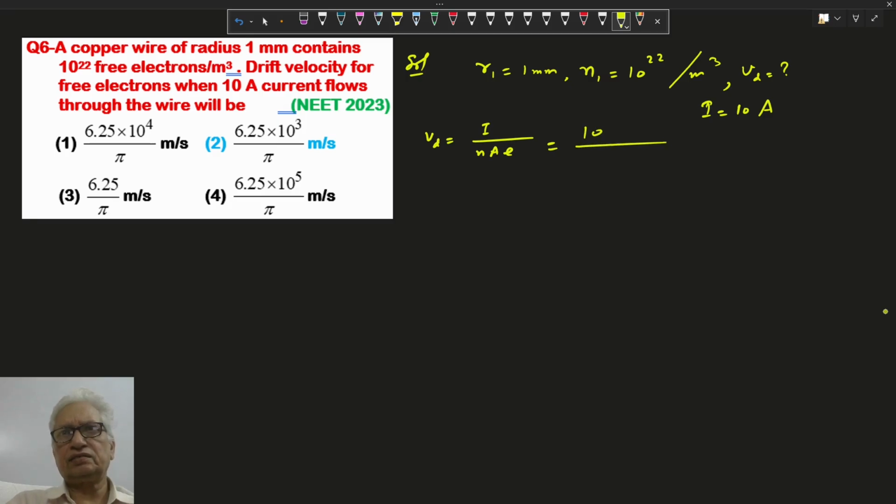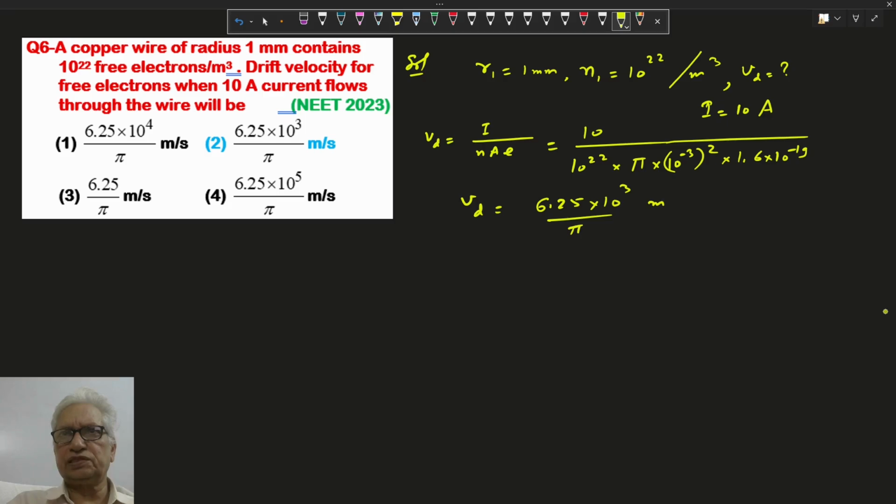Current is 10 and n is 10 to the 22. Area is pi r square, and we changed millimeter to meter. And we know the charge on electron is 1.6 into 10 to the minus 19. So drift velocity, after solving, comes to some meter per second.